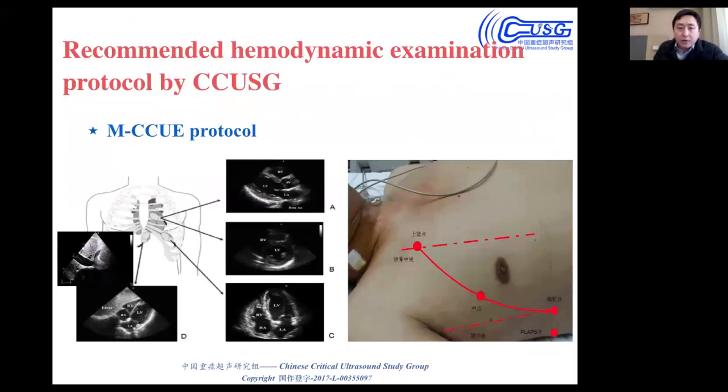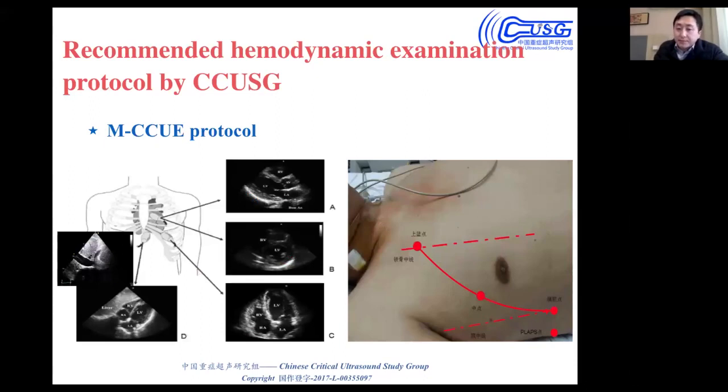We recommend the hemodynamic examination that includes 5 views of the heart and 4 points of each lung. The 5 views include the parasternal long axis and short axis, apical four chamber, subcostal four chamber, and the long axis of the IVC.